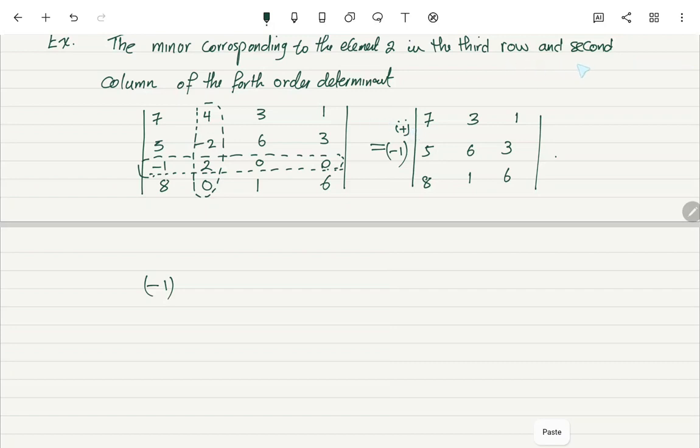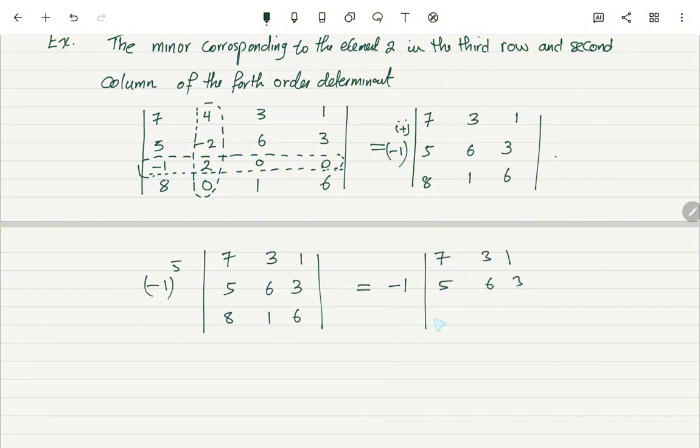So 3 plus 2, it's 5 here, and you multiply it with the minor, 7, 3, 1, 5, 6, 3, 8, 1, 6, and this will be equal to minus 1 to the power 5. It's minus 1 times this one right here, 7, 3, 1, 5, 6, 3, 8, 1, 6.